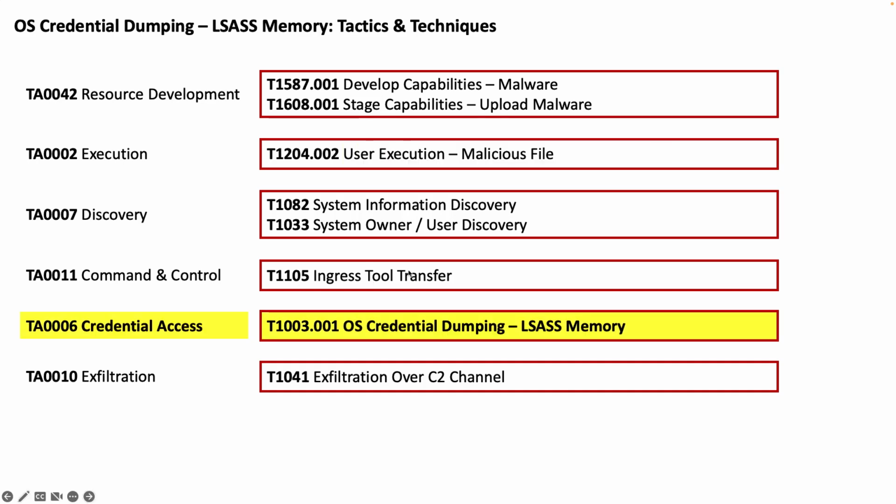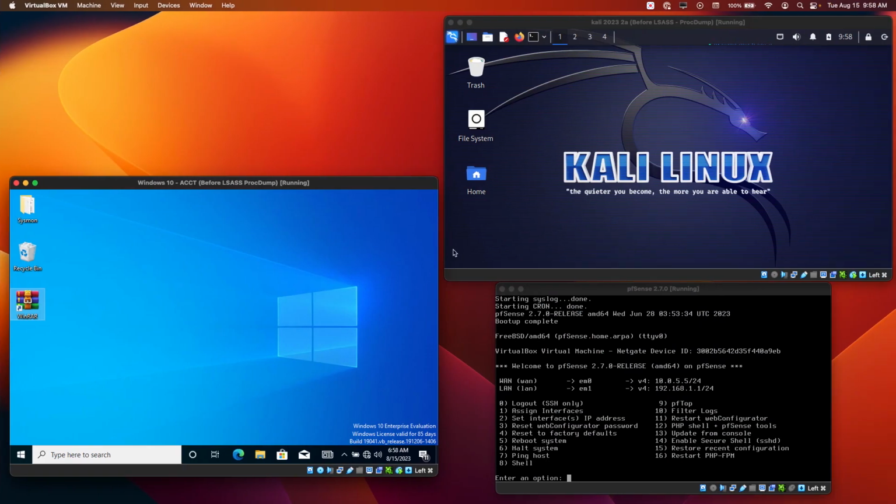The most important technique within this plan is LSASS memory, okay? And we will implement it by using Procdump, a Microsoft Sysinternals utility, and Metasploit as a command and control or C2 framework. Here you can see the 3 virtual machines: Kali Linux, pfSense, and Windows 10.